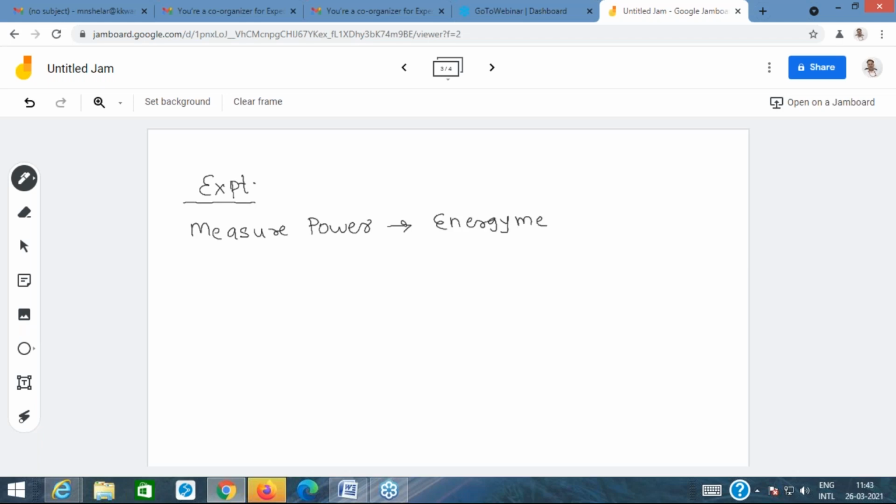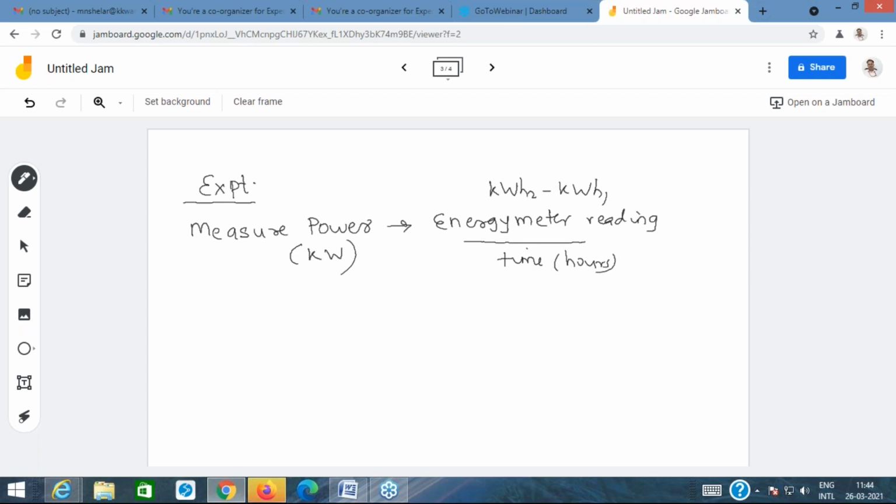The energy meter reading can be straight away read and we can get the difference, and from that we can calculate the power by dividing the energy meter reading difference by the time in hours. So the energy meter readings would be kilowatt hour 2 minus kilowatt hour 1 upon the time in hours, the hours would cancel, and what you will get is the measurement of power, which is in kilowatts.